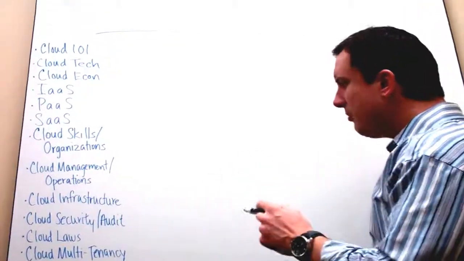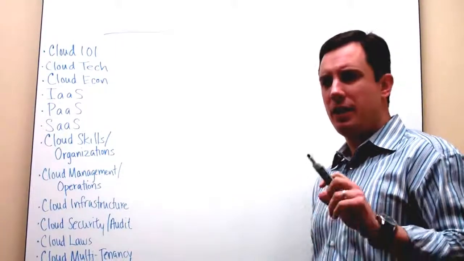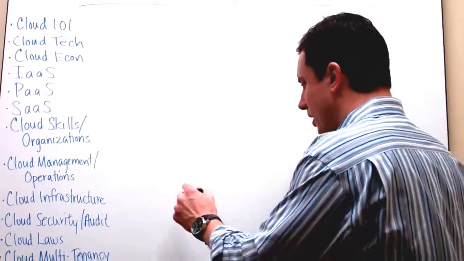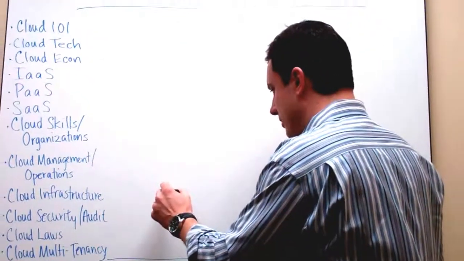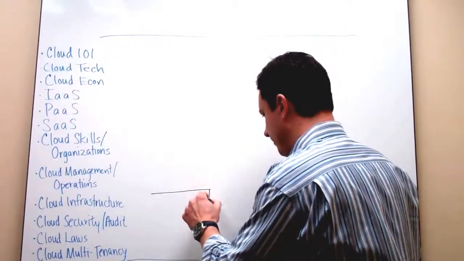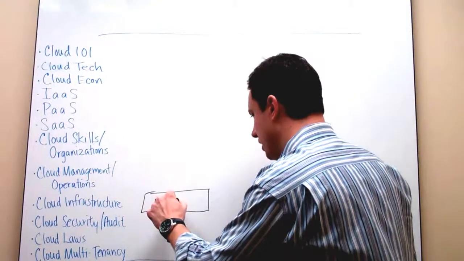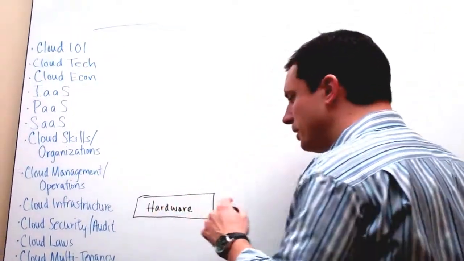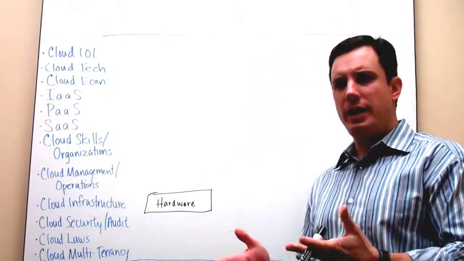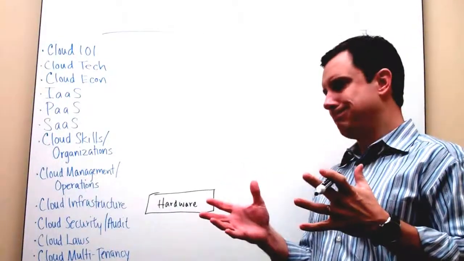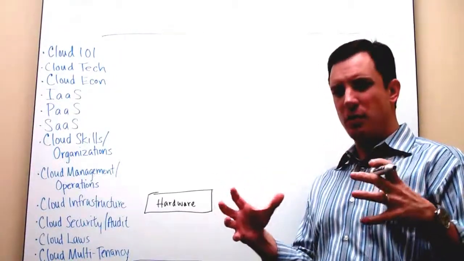So if we take any computing device, it basically looks like this. It's going to have a set of hardware, and that hardware is going to be made up of CPU and memory and BIOS and all the things that are within that device.